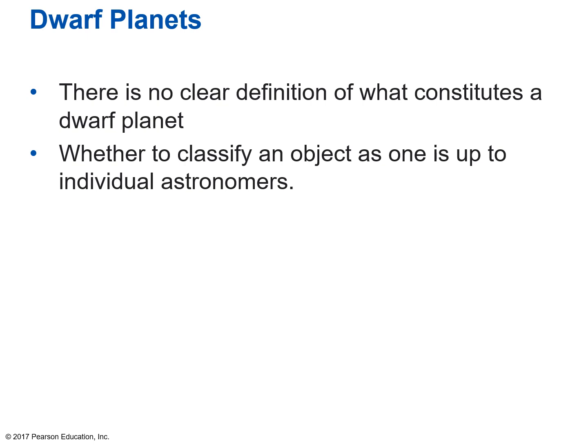There is no clear definition of what constitutes a dwarf planet, so whether to classify an object as one is up to individual astronomers. So this gets into these fuzzy boundaries between what is a comet, what is an asteroid, and what is a dwarf planet. And how do we distinguish dwarf planets from those other ones? Well, sometimes it gets a little bit fuzzy.